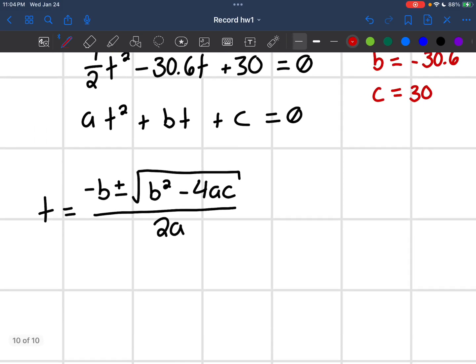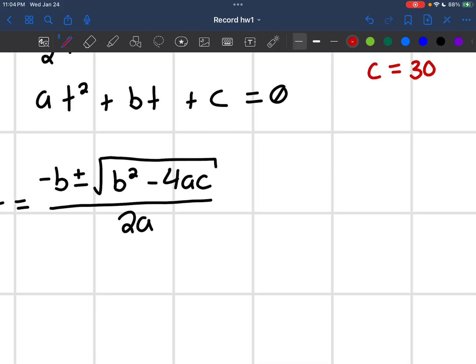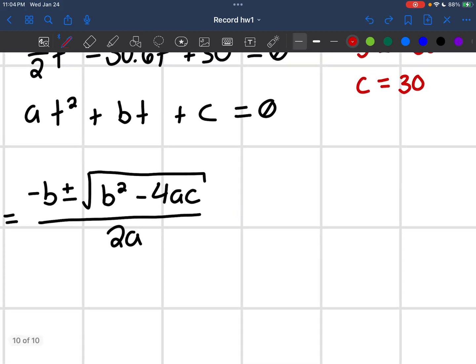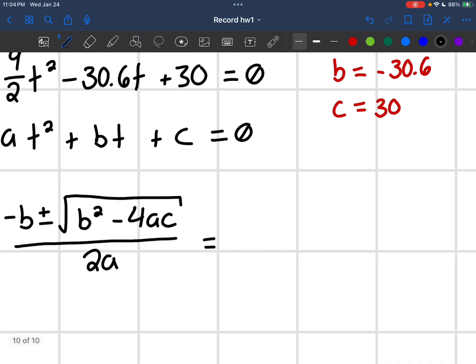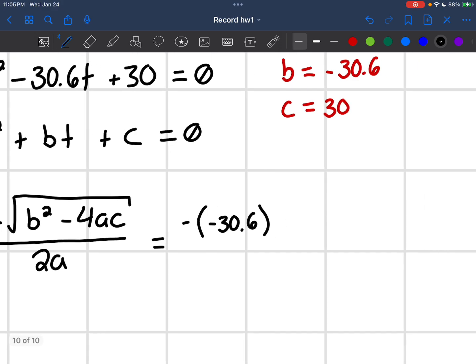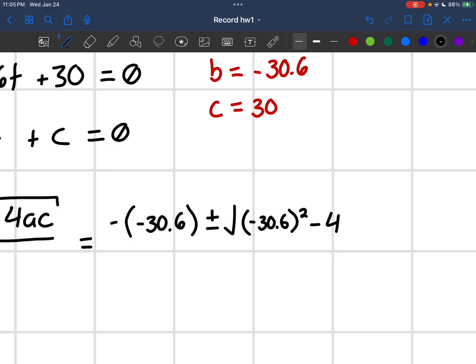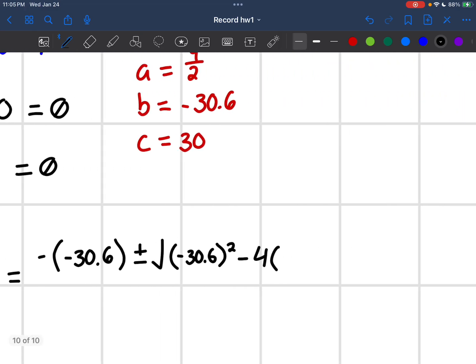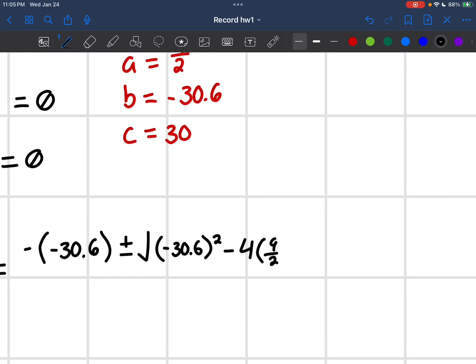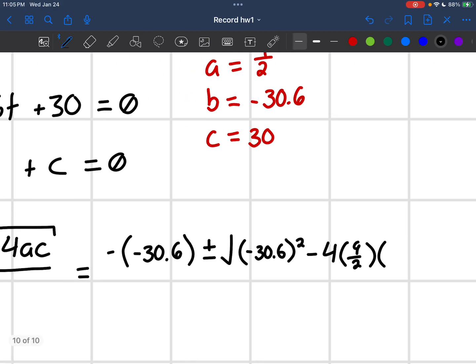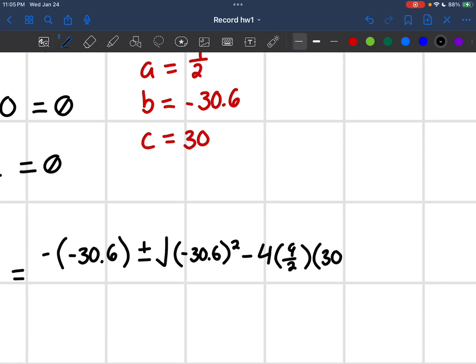So when I plug all of this in, I have to switch colors back. Negative b, negative 30.6, plus or minus the square root, negative 30.6 squared, minus 4 times a, which is 9 over 2, c is 30.